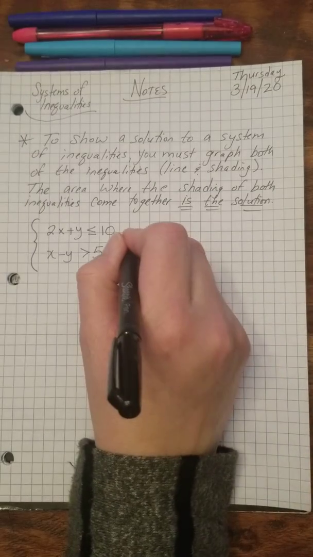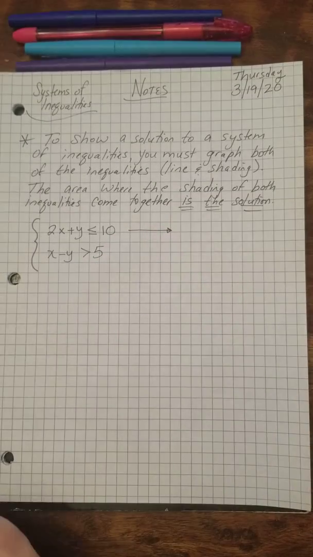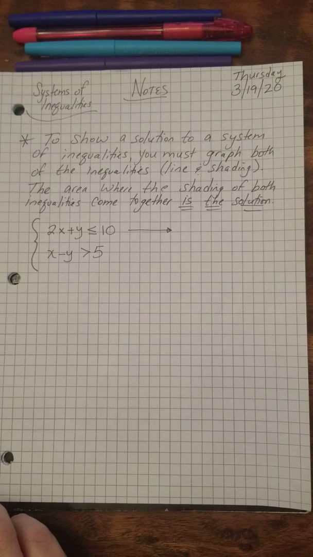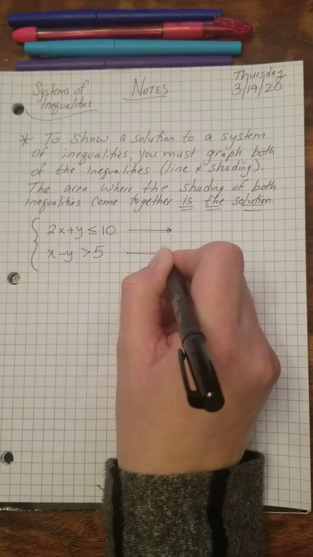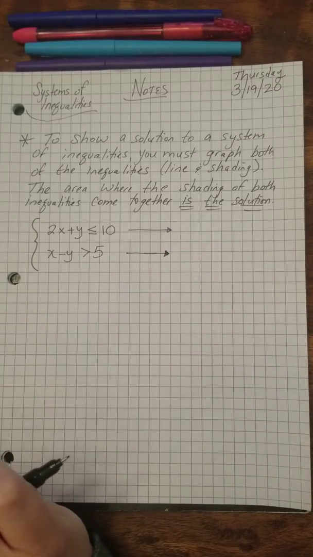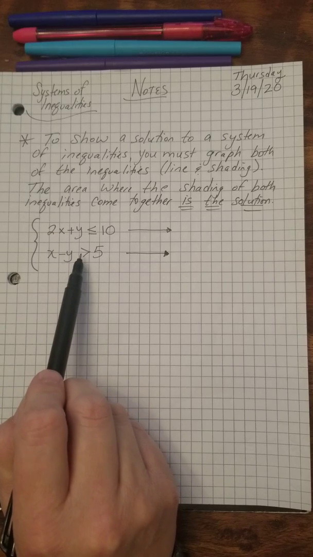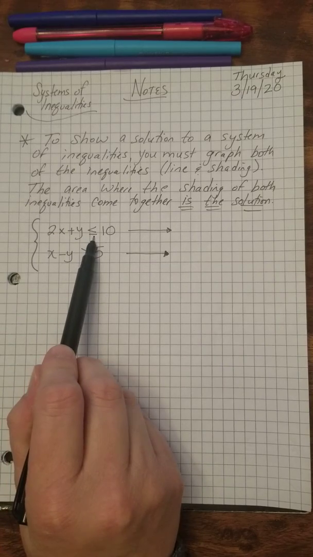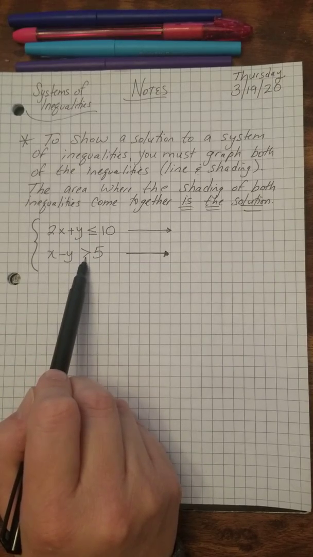With both of these, your first job is to think of them as if they were equations. The inequality is really there to tell us, number one, do we have a dashed line or a solid line? If it's not equal to, then it's going to be a dashed line because it does not include any of the points on that line.